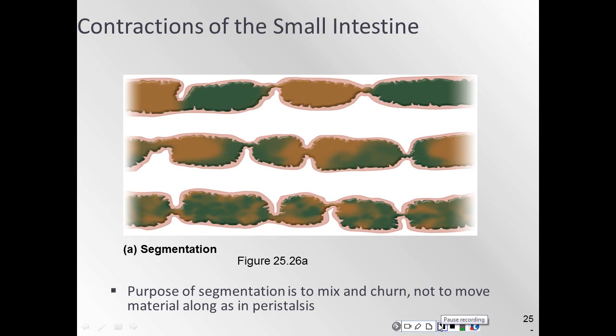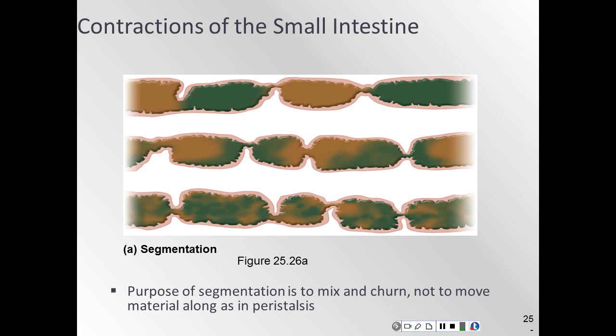Alright, so the purpose of this segmentation is basically to mix and churn, and not to move materials along as peristalsis does, because peristalsis is the wave-like movement, but this is totally different.